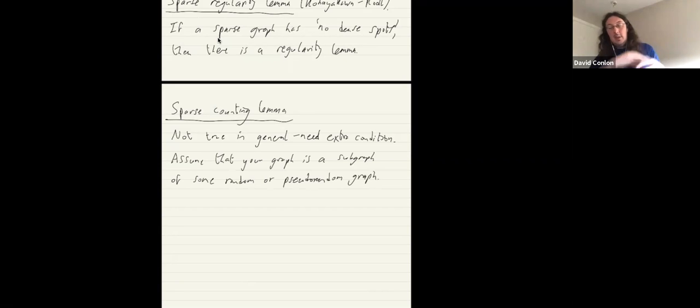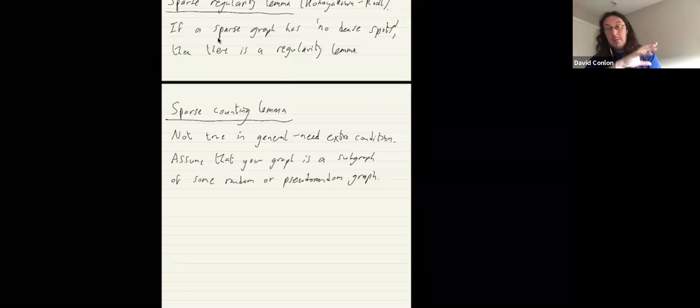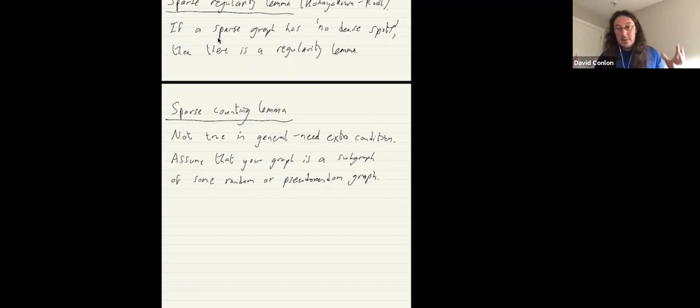So that random or pseudorandom graph that you're working relative to, basically what you've done is you've modeled the complete graph with some random thing or some pseudorandom thing, which serves as your base. So you're within, say, G(n,p) or G(n,1/2).